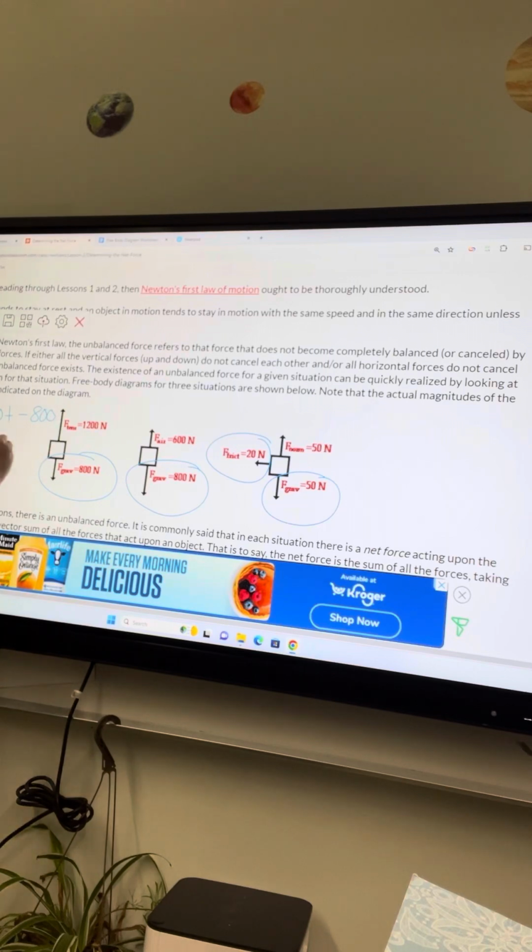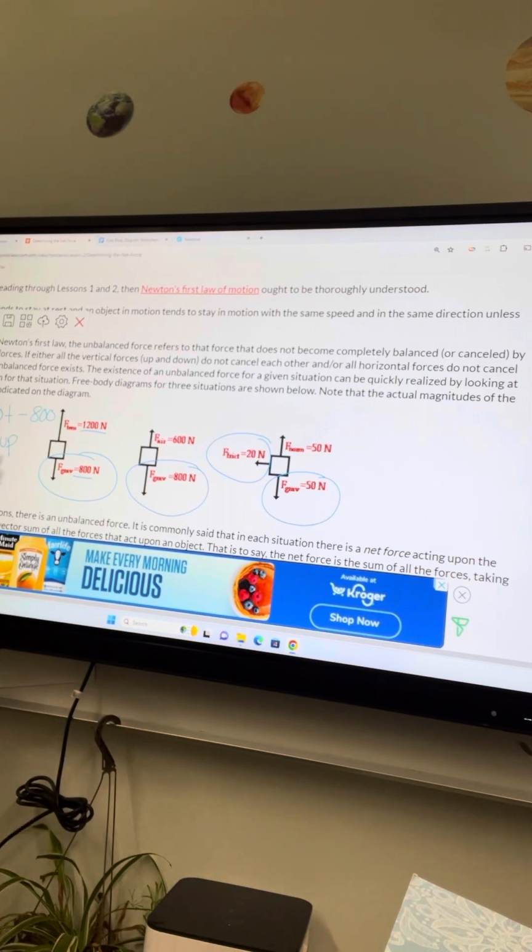Up. Thank you. Up. Why up? Why would the object be going up over down? Because 1200 is greater than 800. Good. So this would be 400 newtons. Whatever this object is, which we don't know because it's just represented by a box right now, would be going upward. Good.